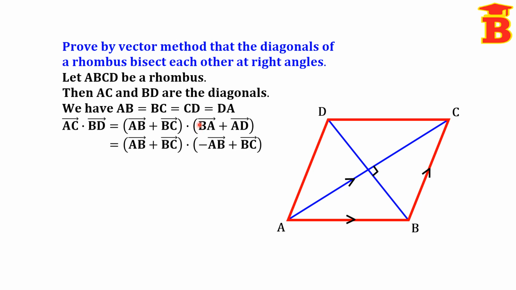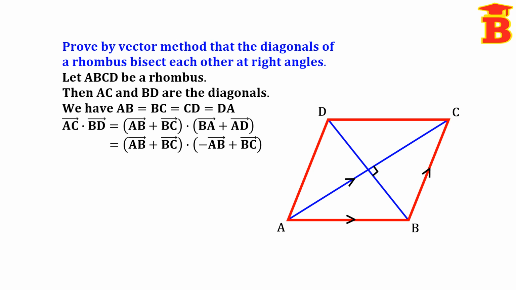So this BA vector can be written as minus AB vector. And in a rhombus all the sides are equal. So therefore this AD vector is same as BC vector. So note the direction also, AD vector, same vector, same direction. So we can write BC vector.